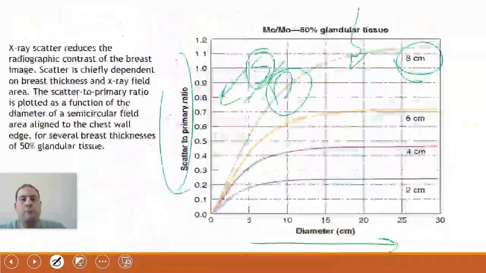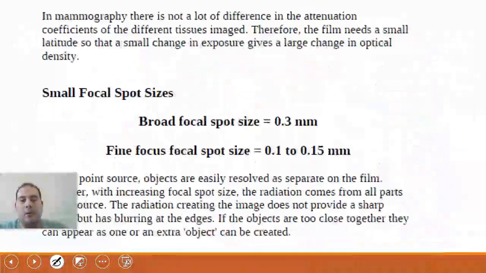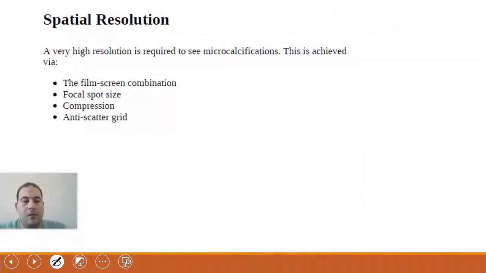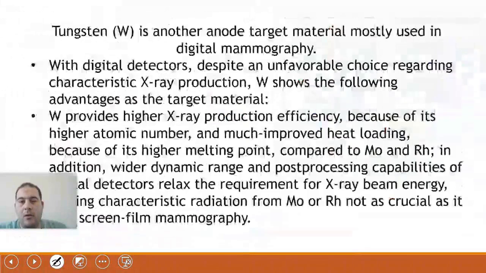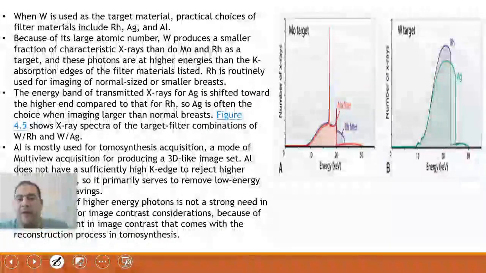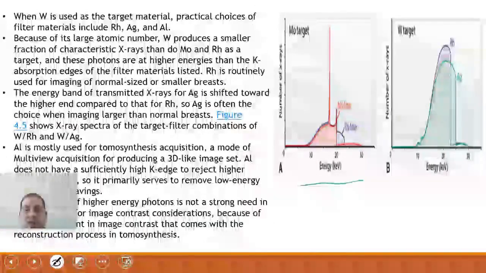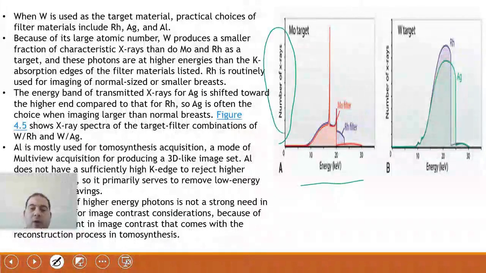Second, here is the X-ray spectrum, this is the energy, and this is the number of photons, and this is the target molybdenum. If I do not use a molybdenum filter, there is a part that is for low energy.